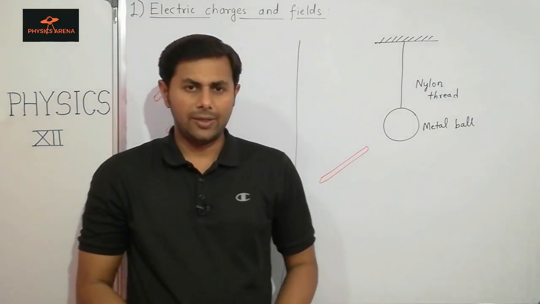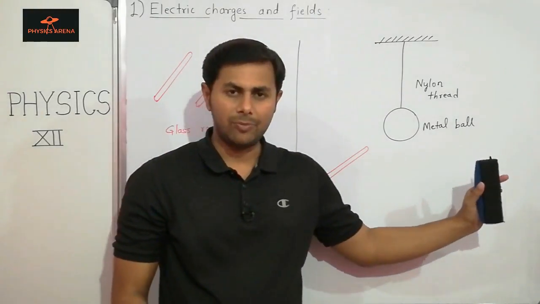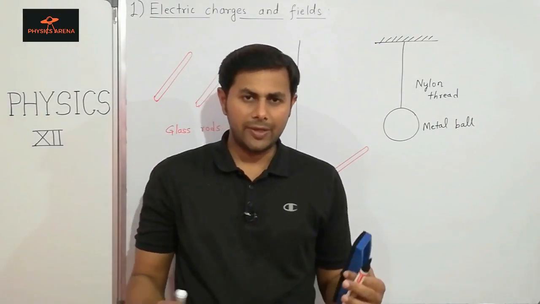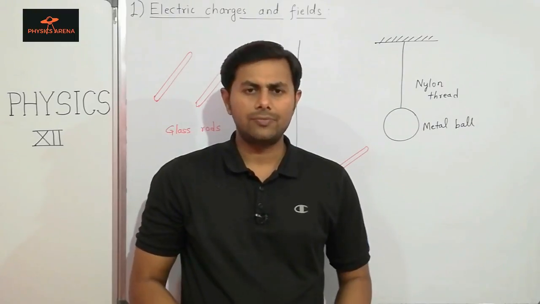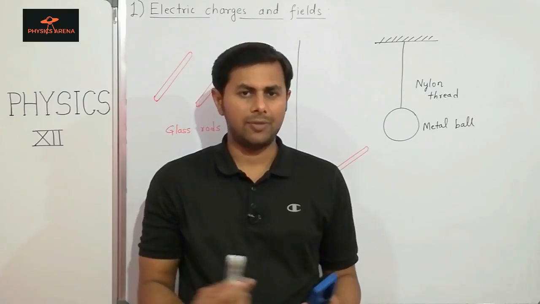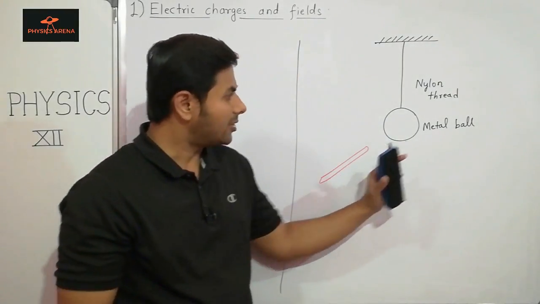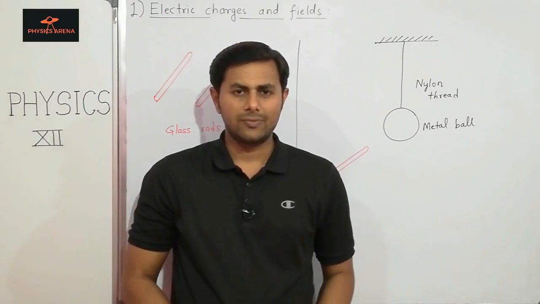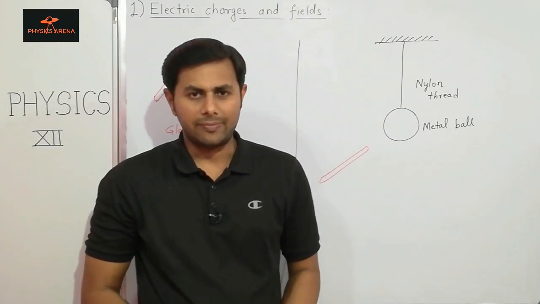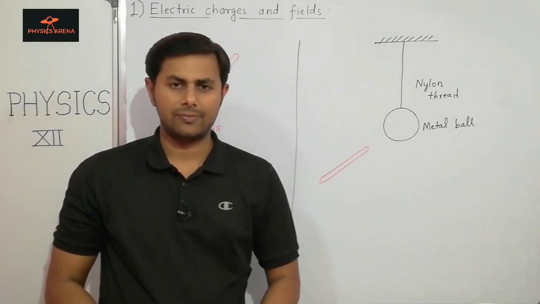So initially there is attraction between the glass rod and the metal ball. When we bring glass rod close to metal ball, once we touch it to the metal ball and remove, then there is repulsion between the glass rod and metal ball. So what is happening here?